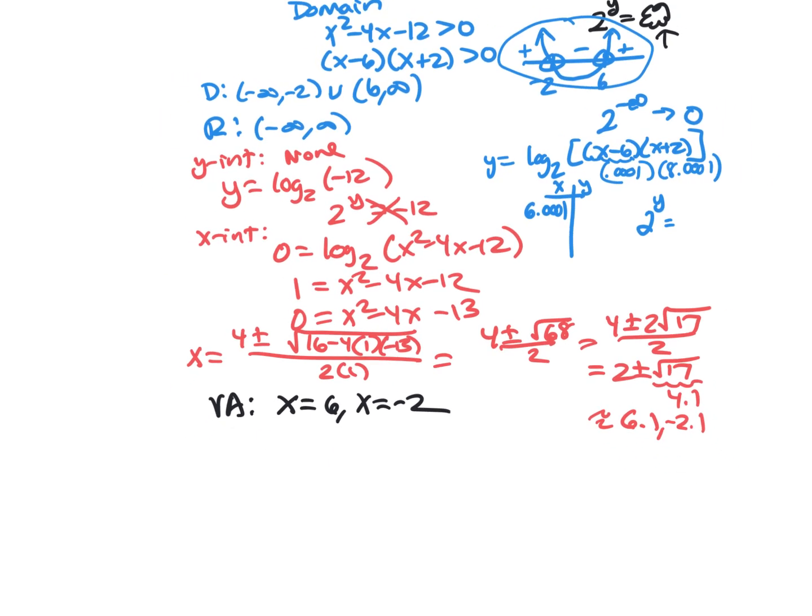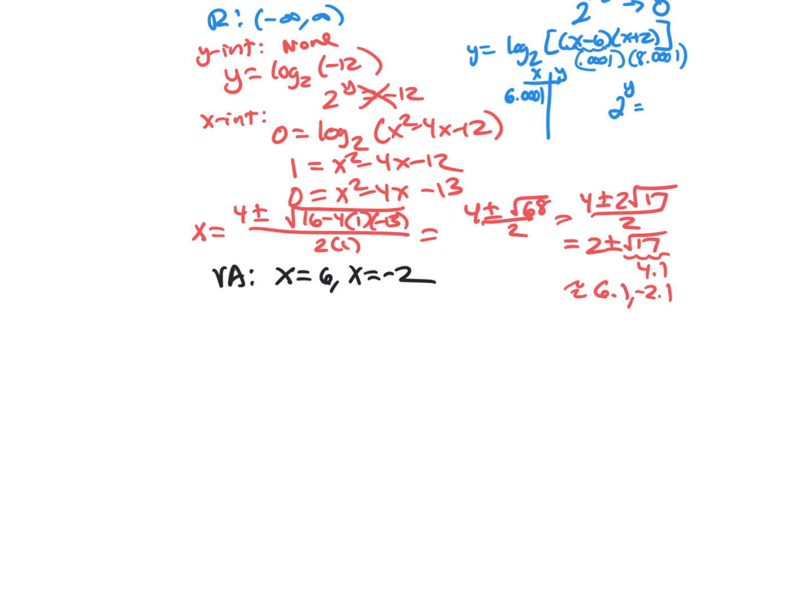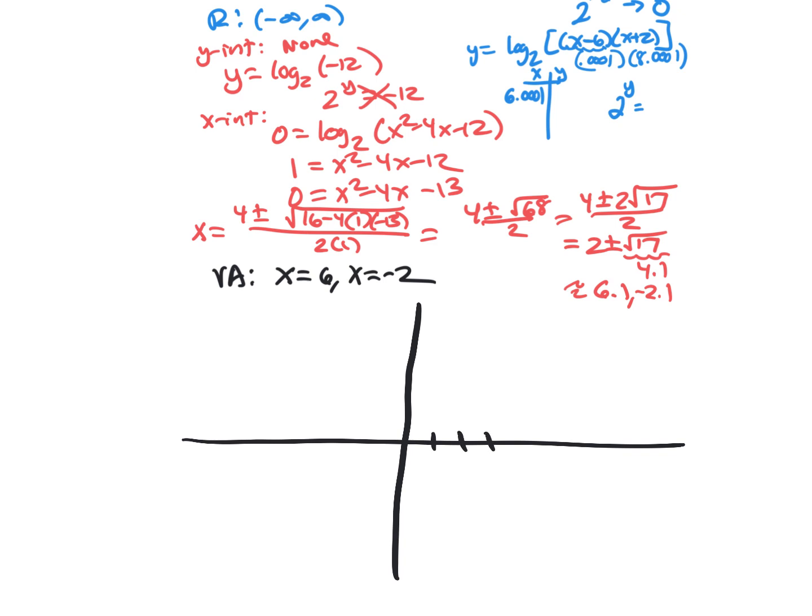All right, so that should be enough to put this all together. I always put my asymptotes first, if there are any. 1, 2, 3, 4, 5, 6, okay, and then negative 2. And no y-intercepts, which makes sense because the domain does not include when x is 0.